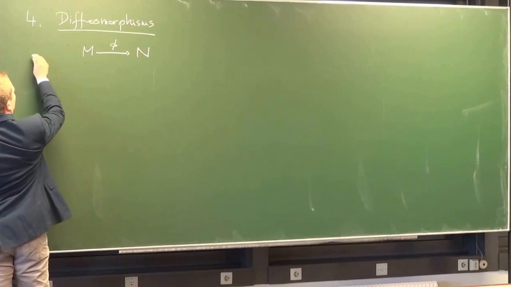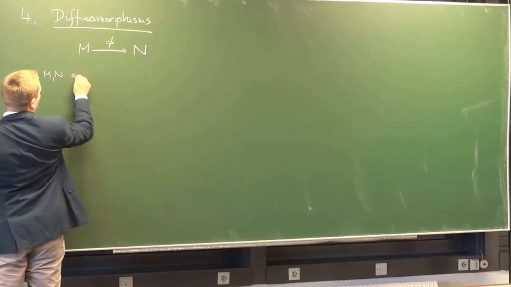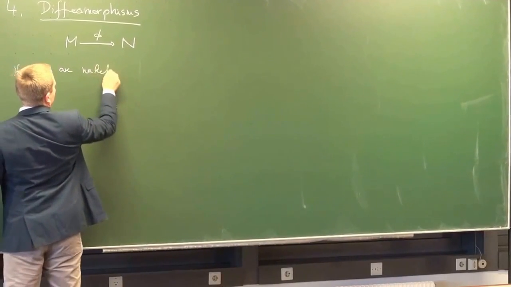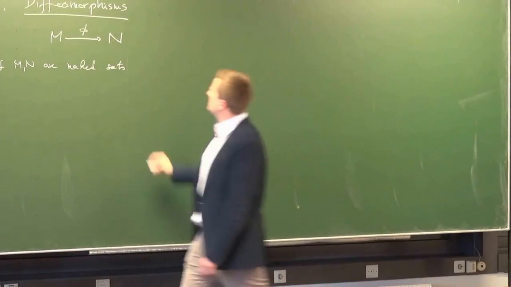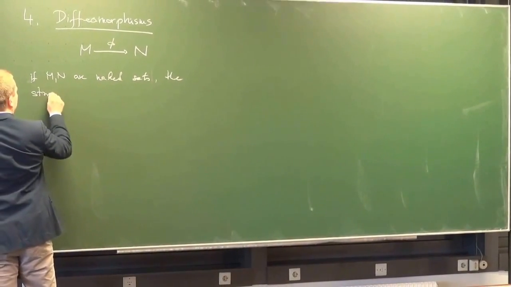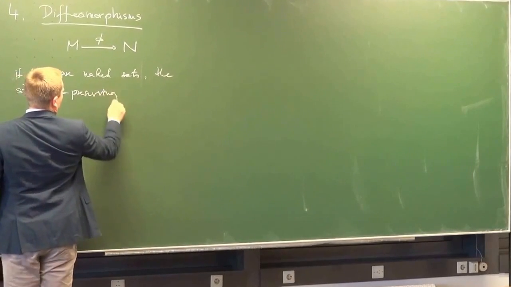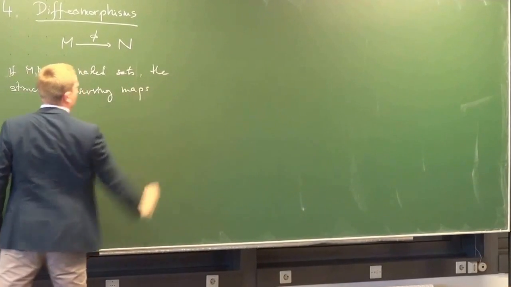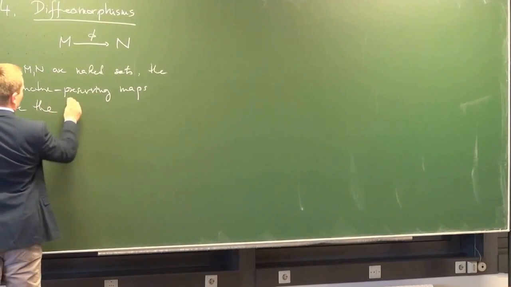So if M and N are naked sets, meaning you have no further structure in mind, the structure preserving maps, so not only respecting but preserving maps, are the bijections.